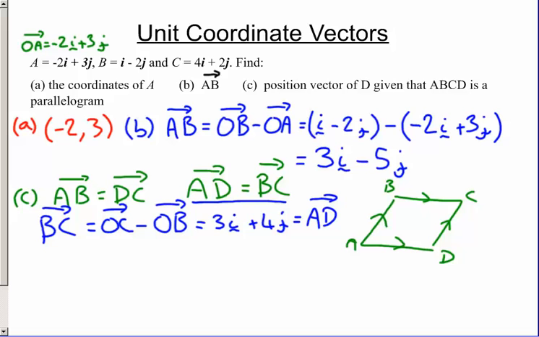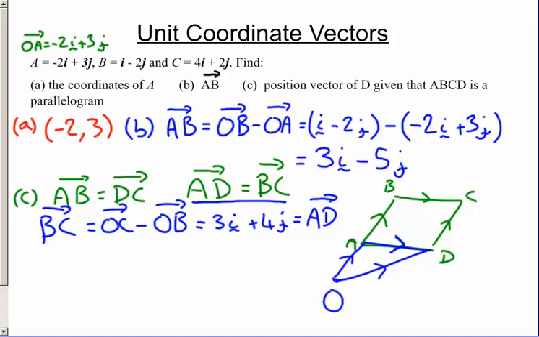And if this is AD, that's this bit here. So if we've got some O down here somewhere, we want to find the position vector OD, but OD is OA plus AD.